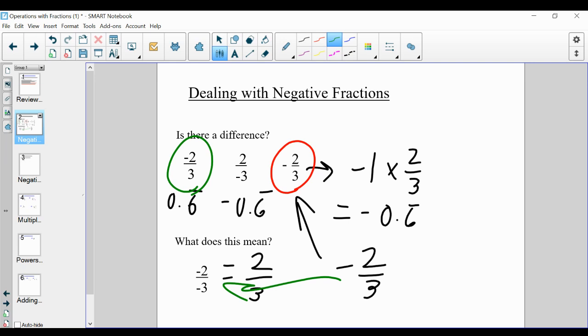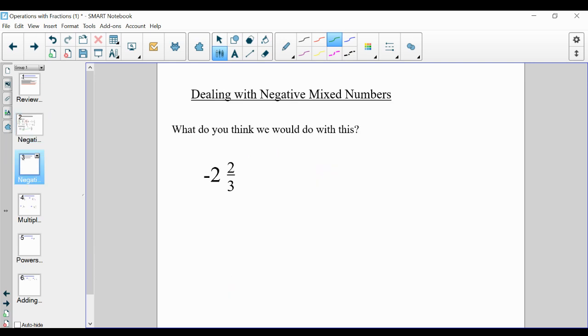One other thing I wanted to look at with negative fractions, that would be this question here, dealing with a negative mixed number. Now, before we talk about a negative mixed number, let's take a second to review how we change a mixed number. So let's say it's 2 2/3. How would we convert that mixed number into an improper fraction?